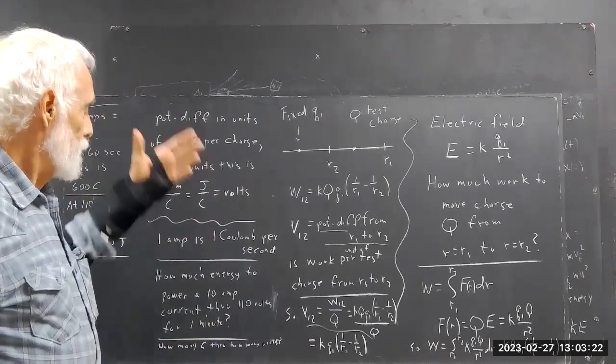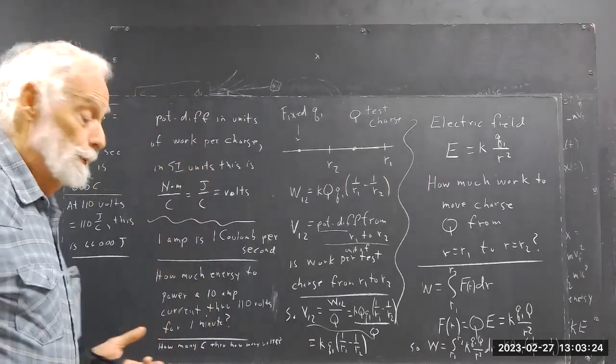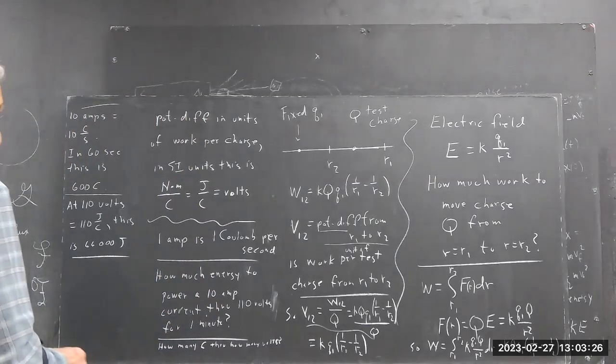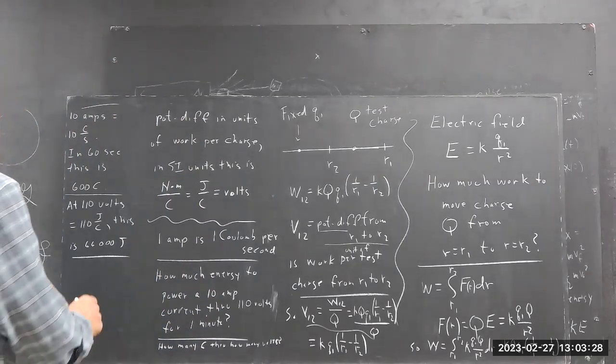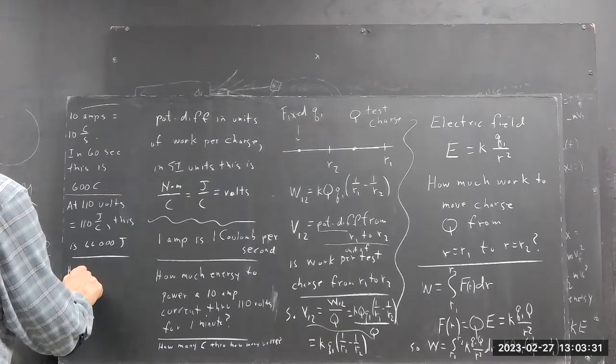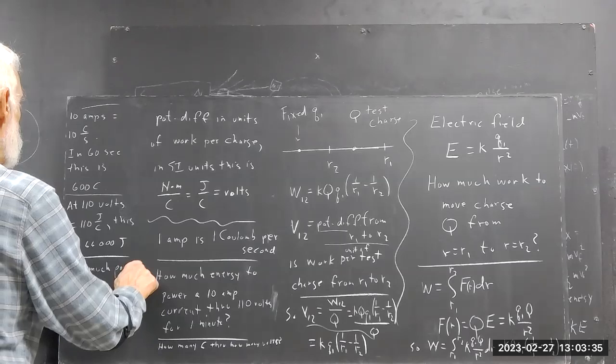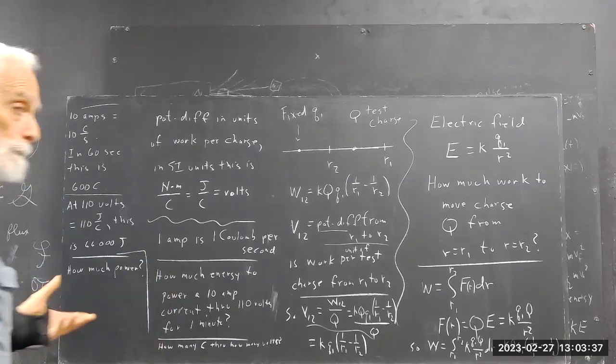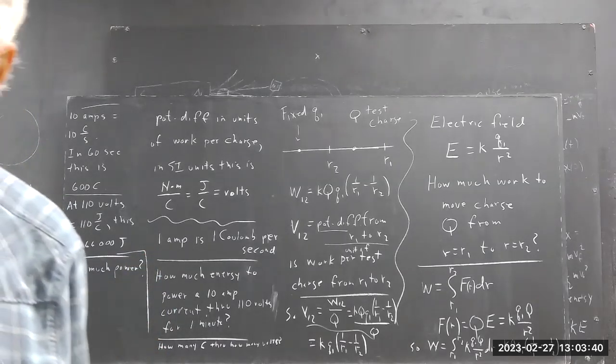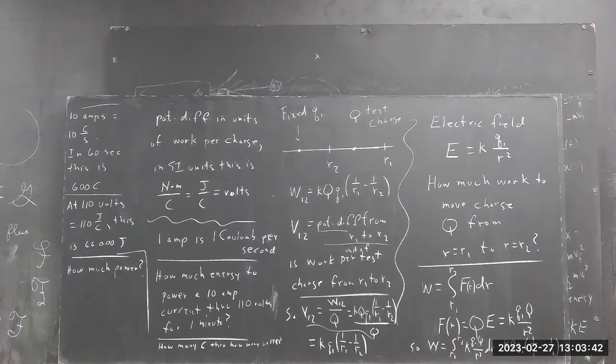Okay. In symbols, well, it's simple. Let's ask how much power. Power, of course, is the amount of work per unit of time.